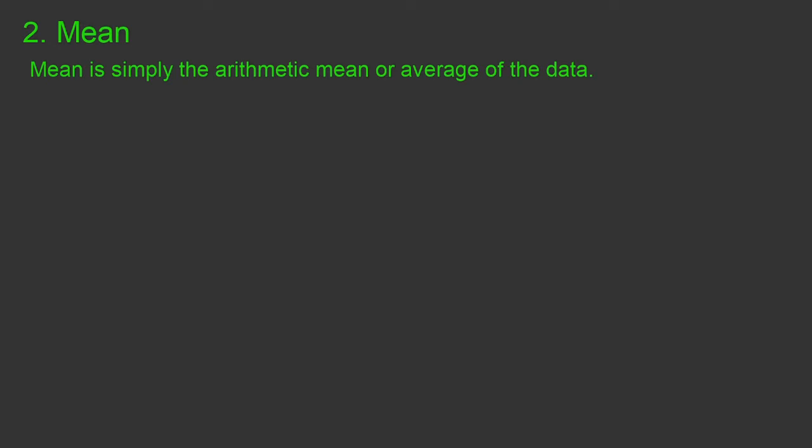So, the mean of a number of observations is the sum of the values of all the observations divided by the total number of observations.